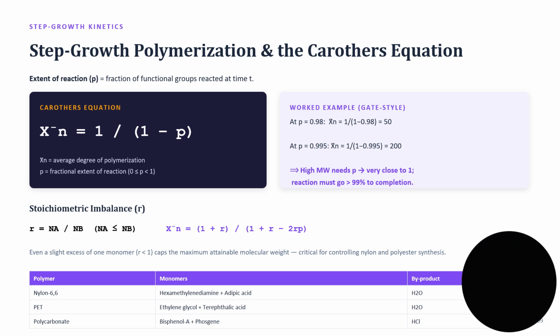The table shows three industrially vital condensation polymers: nylon 6,6 from hexamethylenediamine and adipic acid, releasing water; PET from ethylene glycol and terephthalic acid, also releasing water; and polycarbonate from bisphenol A and phosgene, releasing HCl.